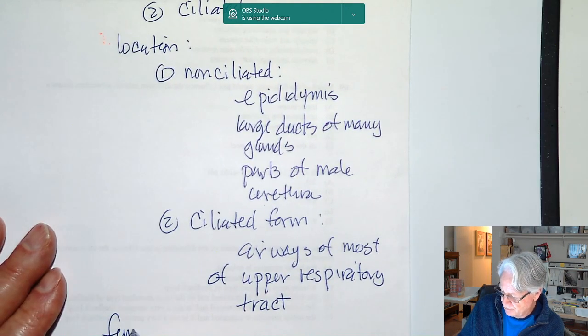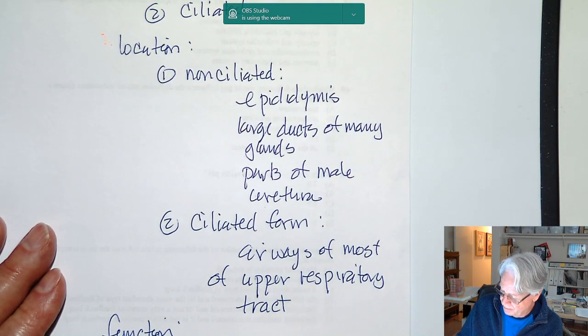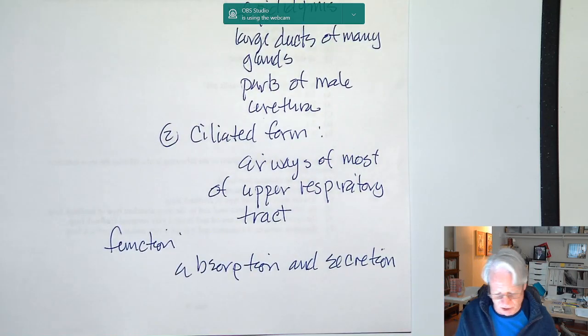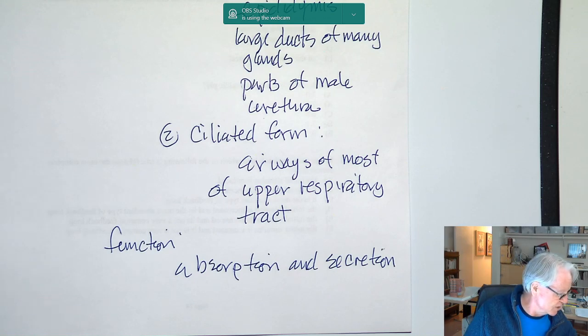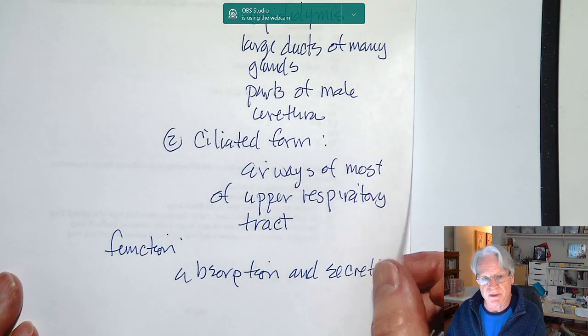Function: absorption and secretion. Absorption and secretion. Let's take a look at a couple of examples, and then I'm going to go eat dinner. All right, so absorption and secretion.